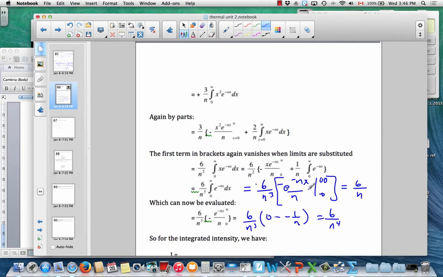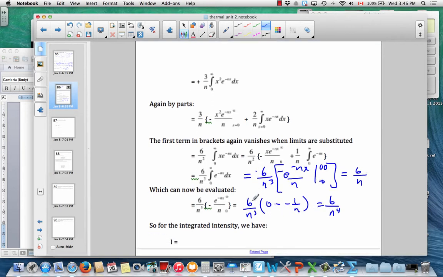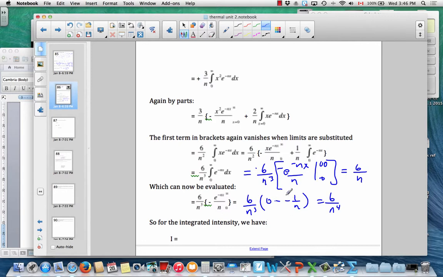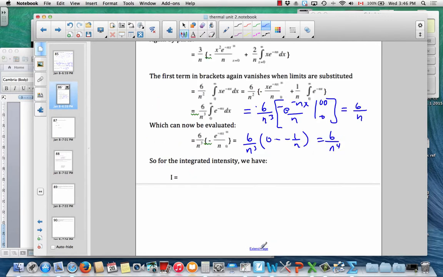Okay, so that was the integral, but of course we've got to put that back inside the summation, so we end up summing this over all values of n. So where we are now is the following.